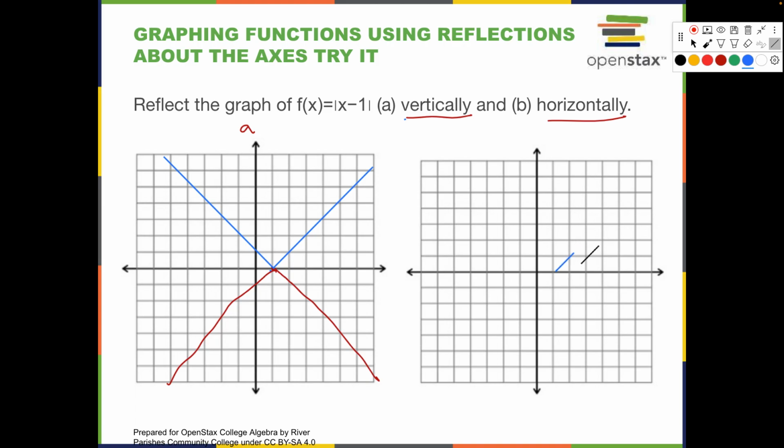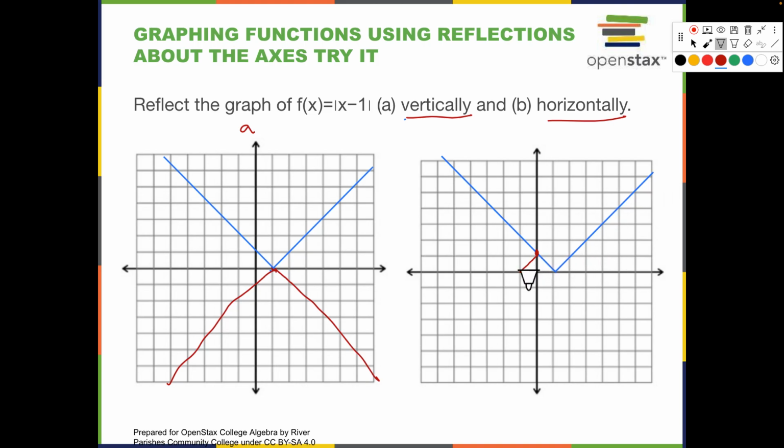So we're here. Something like that. And now when we reflect all these, think about what point doesn't move. The one on the y-axis. It's not going to move because it's already at 0. But all of these here, this part is going to come over here.